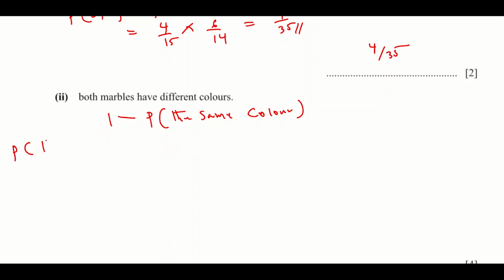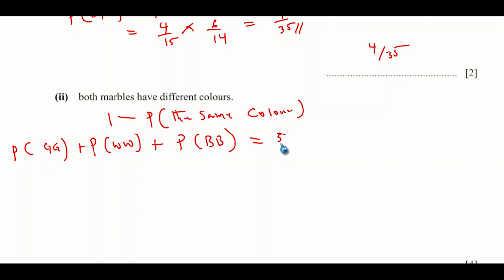I can just write the probability of green, that is GG, or, which is addition, the probability of white, or the probability of black. So this is what we need to do.